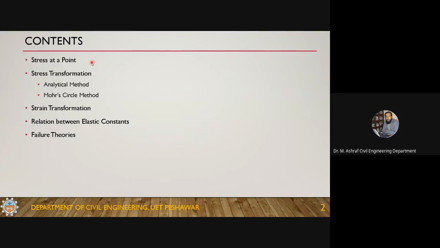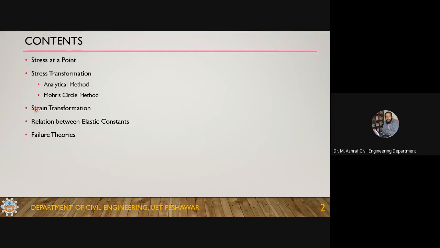Then we'll discuss the stress transformation, and there are basically two methods. One is the analytical method, and the other one is Mohr's circle. Today we'll discuss the analytical method of stress transformation.